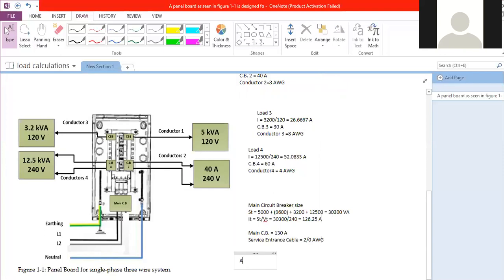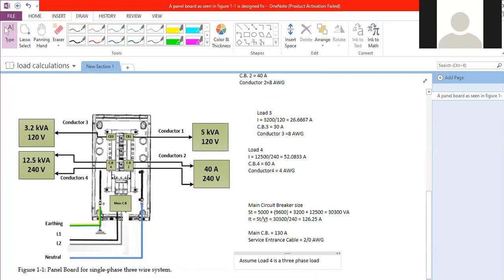Assume load 4 is a 3-phase load. I have a problem with the keyboard, sorry.